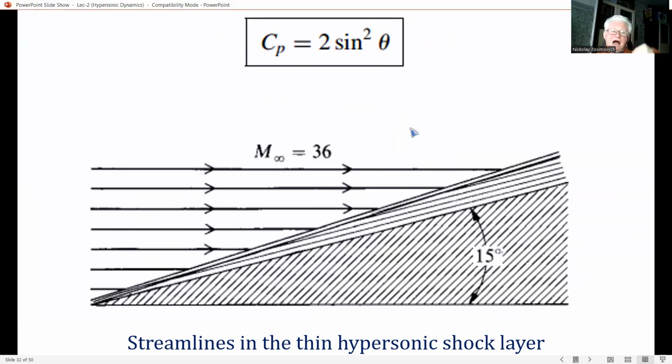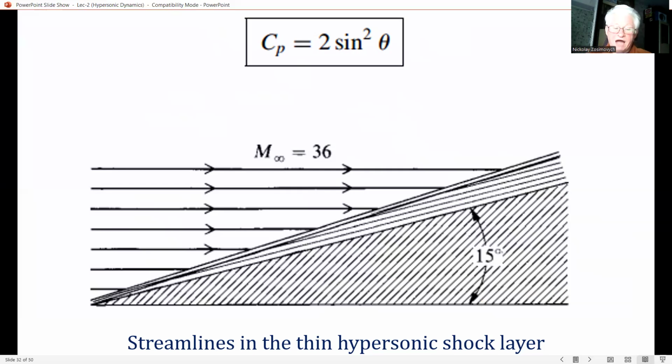And here we see upstream of the shock wave, straight parallel streamlines in the horizontal direction. Downstream of the shock wave, the streamlines are also straight, but parallel to the wedge surface inclined at the 15-degree angle. Now imagine that you examine this figure from a distance, say from across the room.